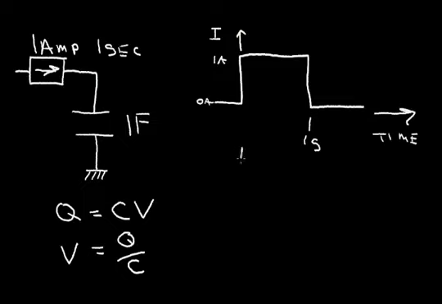Let's plot the voltage, and let's make a time axis. Initially we start out with 0 volts across the capacitor and no current through it. So initially we start at this point, 0 volts at this instant in time.